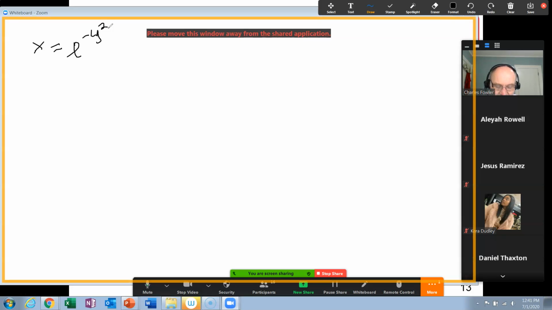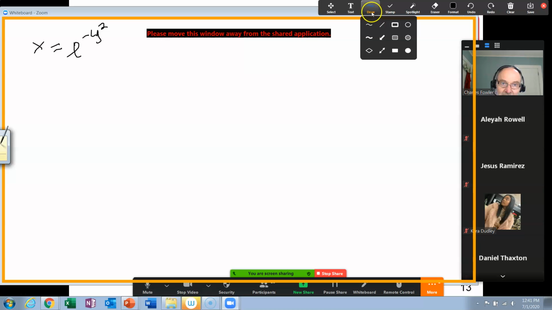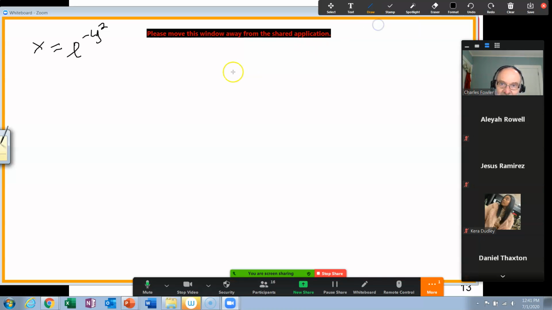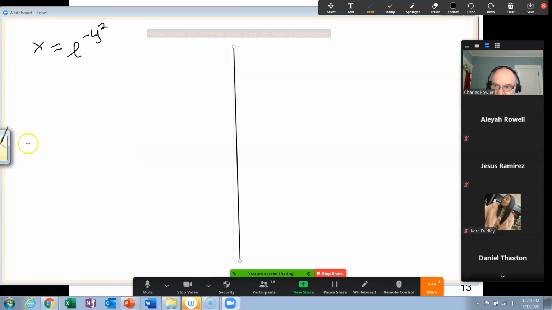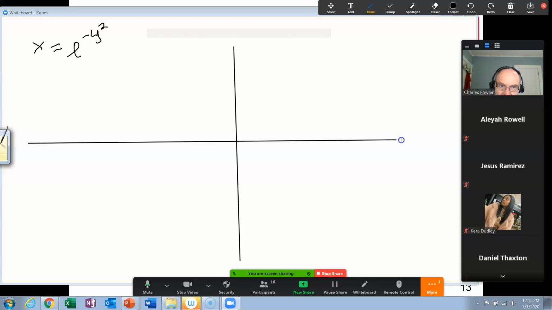Now this one, basically I have to draw, and I'm so sorry to have to do it. Let's get our straight lines again. Let's just imagine that's a vertical line, and this is a horizontal line.